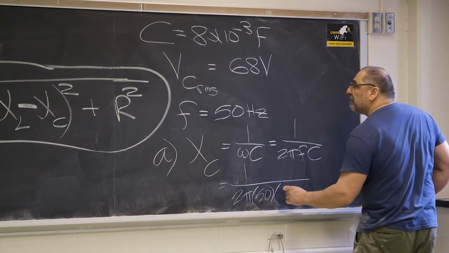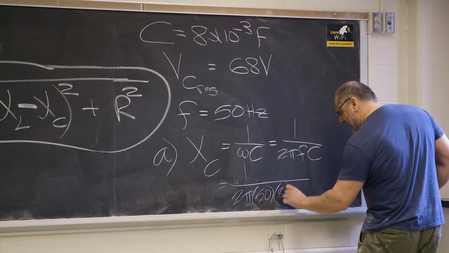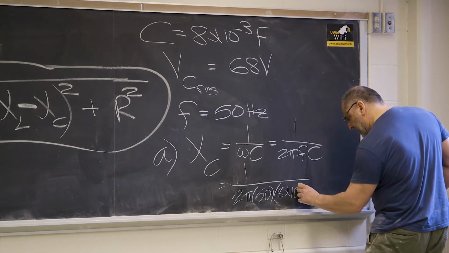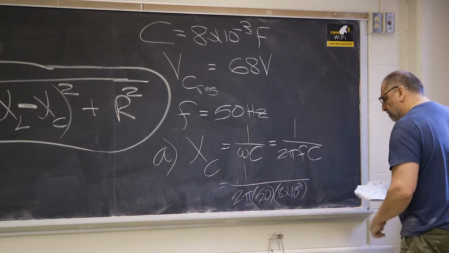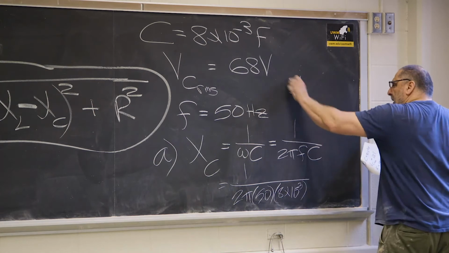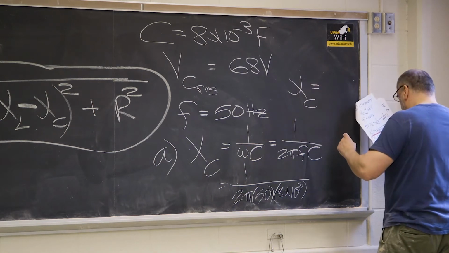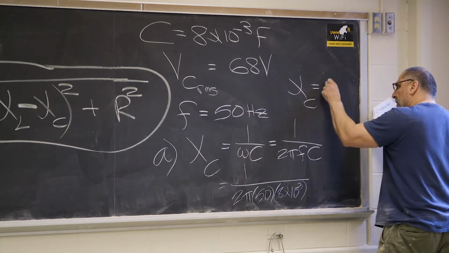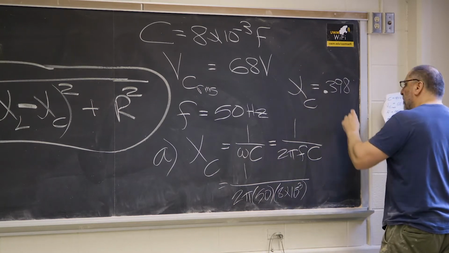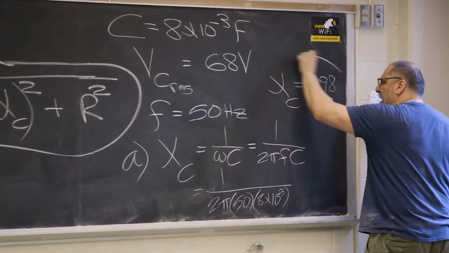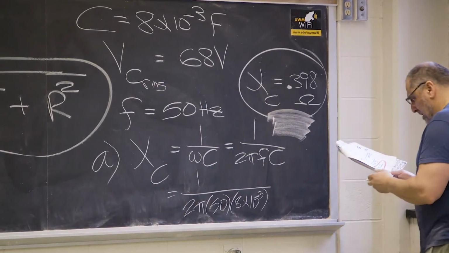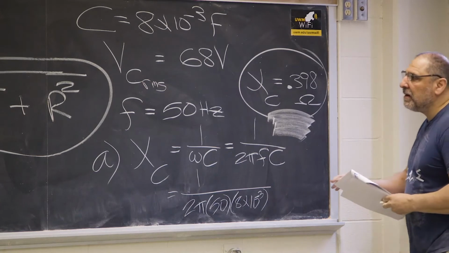The capacitance is this. At the end of the day, XC is .398 ohms. It's in the same units, you guys, as resistance. And that's A.